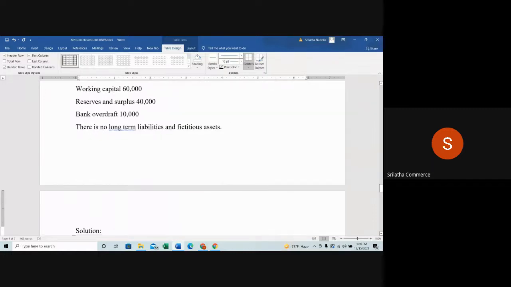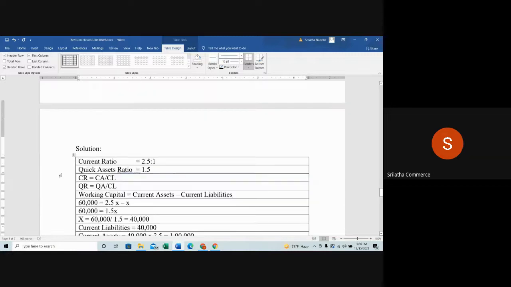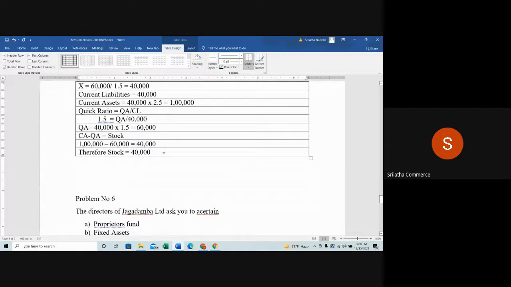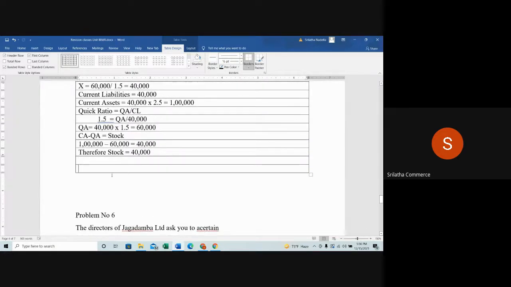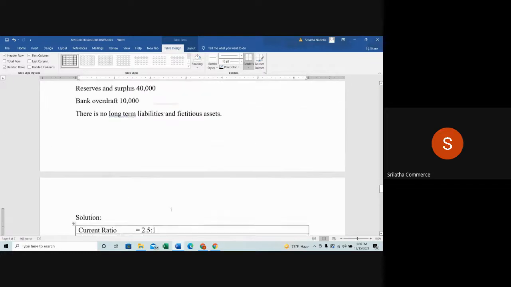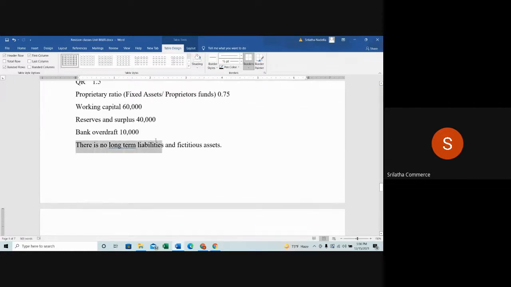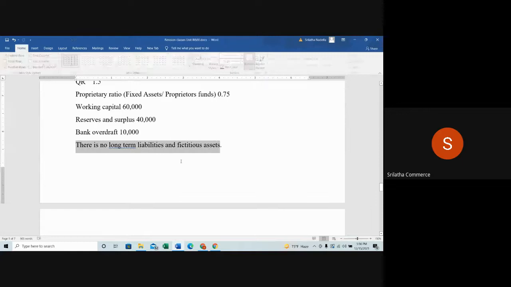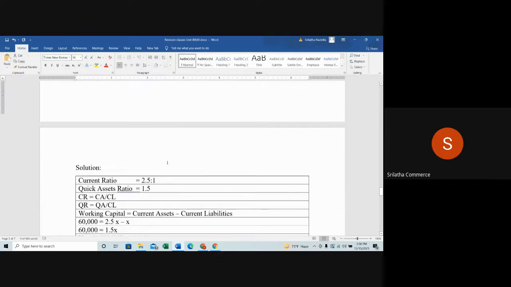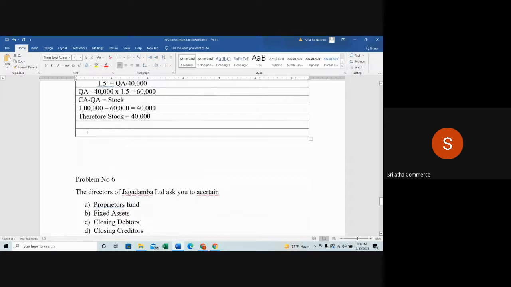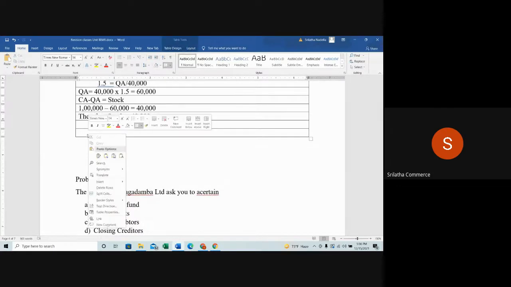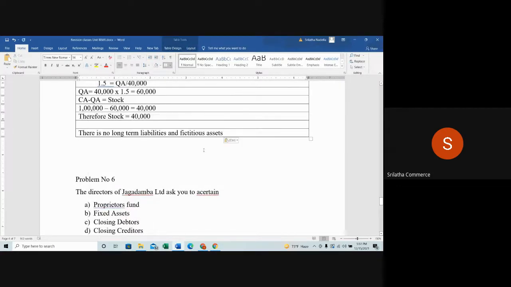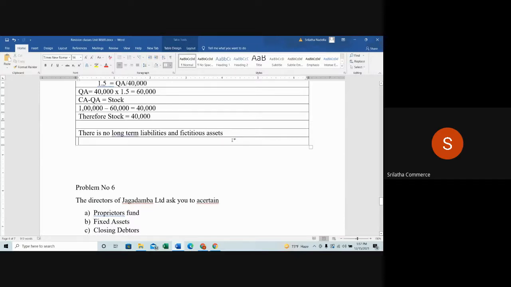Now there are no long-term liabilities and fictitious assets. So what is the equation you are going to follow here? In the problem he mentioned there are no long-term liabilities and fictitious assets. So what will be your accounting equation?